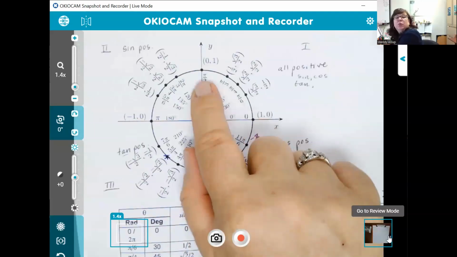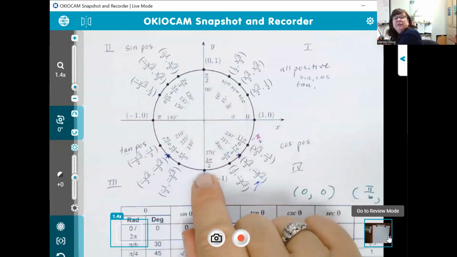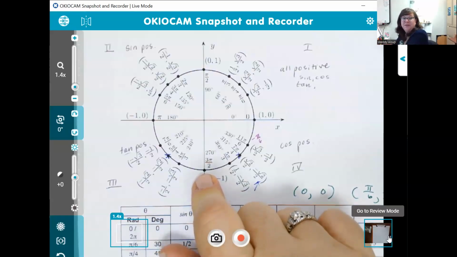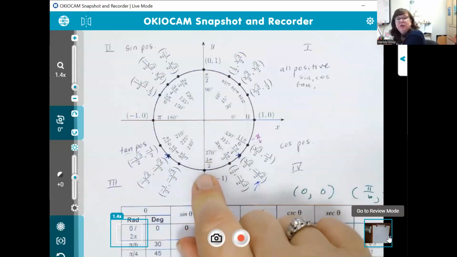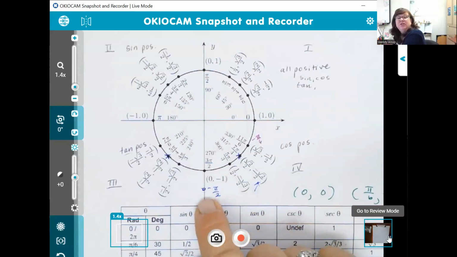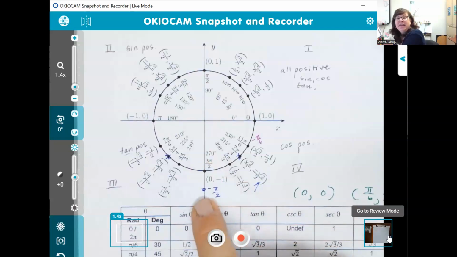0, 1 pi over 2, 2 pi over 2, 3 pi over 2. Remember though, 3 pi over 2 technically is not in the domain of the original. However, negative pi over 2 is, and it's the same location. So my answer here would be negative pi over 2.